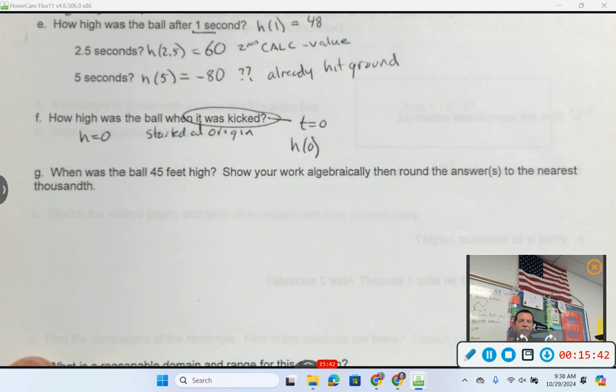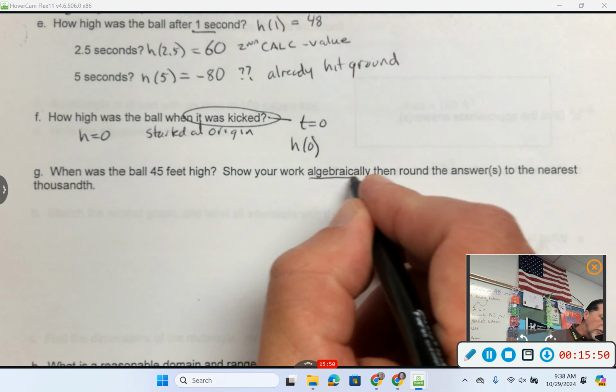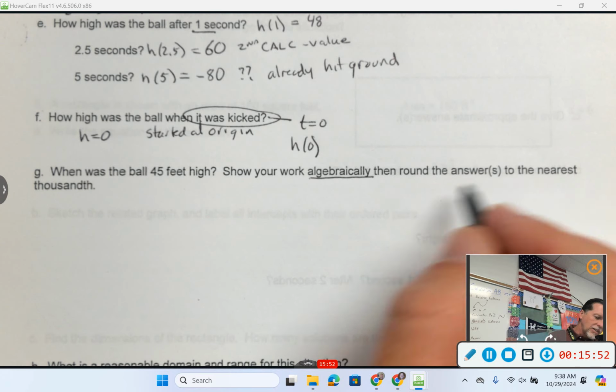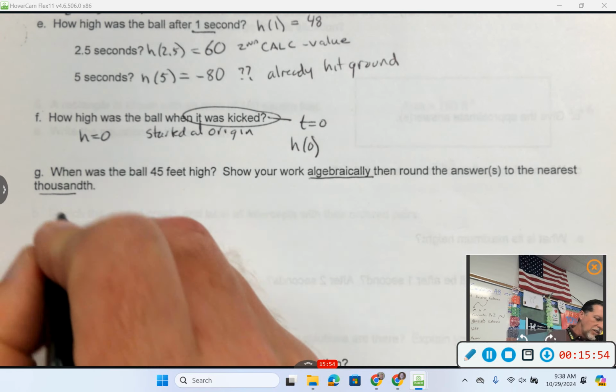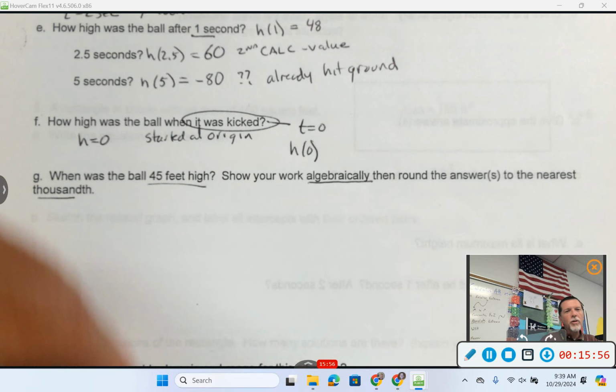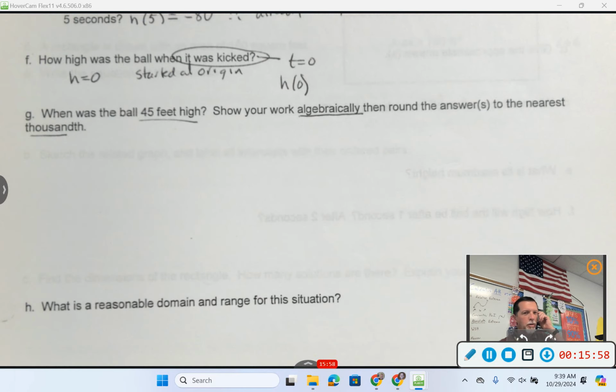Jacob? What's that? Okay. When was the ball 45 feet high? Show your work algebraically, then round the answer to the nearest thousandth. So, what am I going to do with 45? Think of, like, what do I do with 45? Where does that go? That's h.